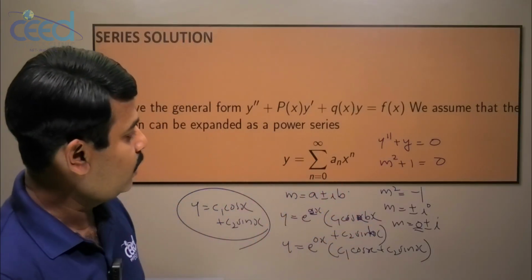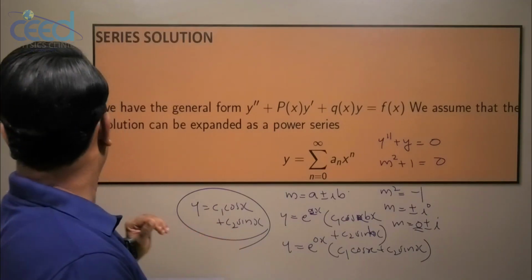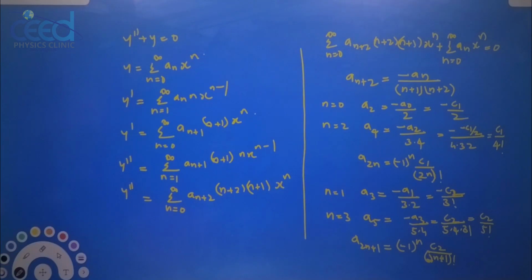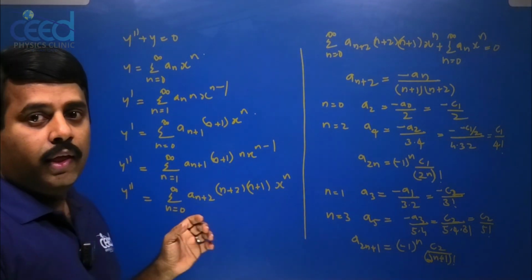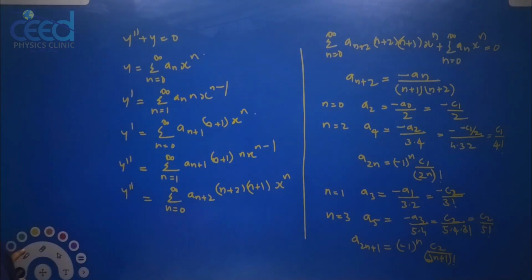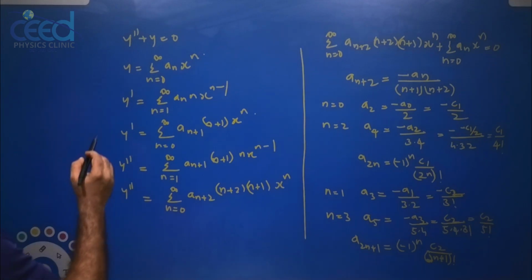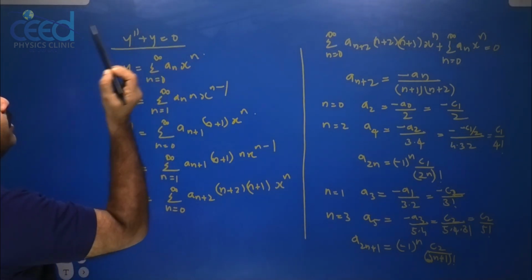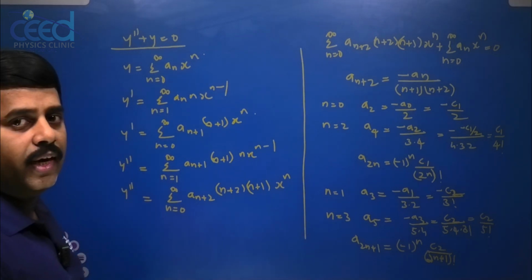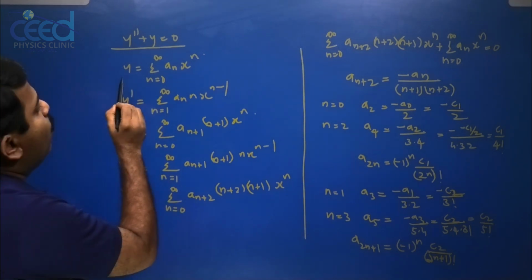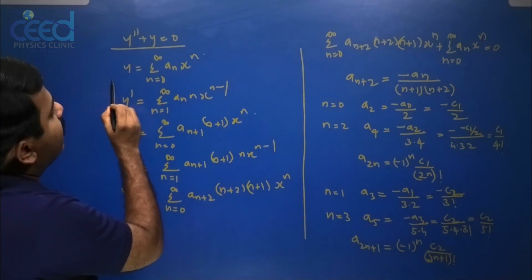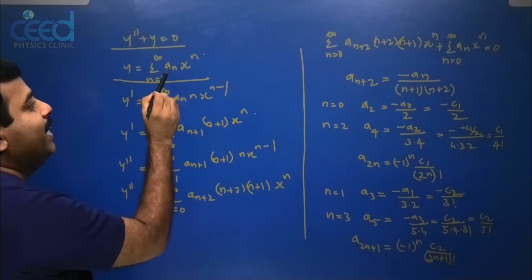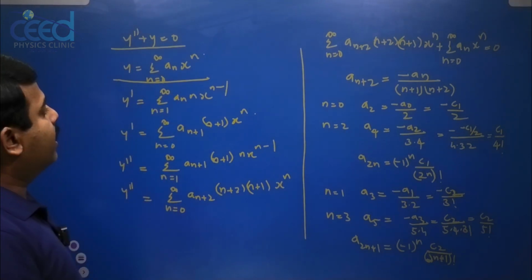So let us do that. Here I considered the same equation, y double dash plus y is equal to 0. So y is equal to, as a series solution, sigma n is equal to 0 to infinity a_n x raised to n, right?